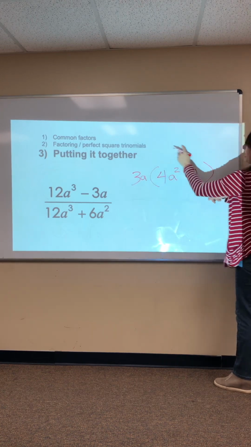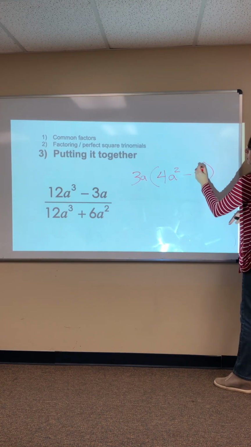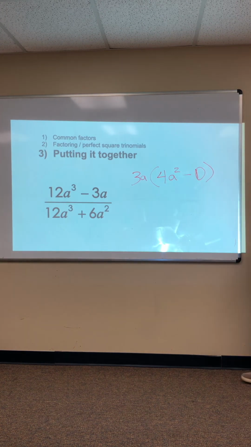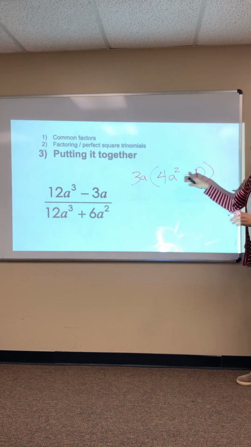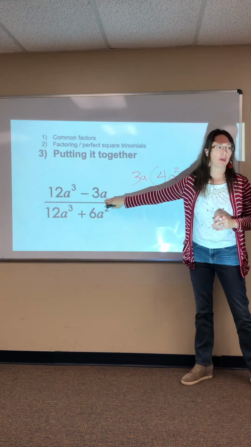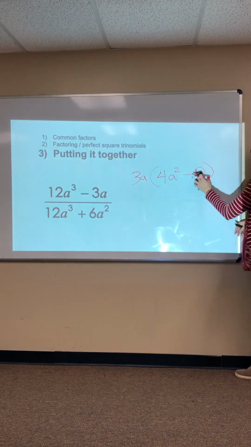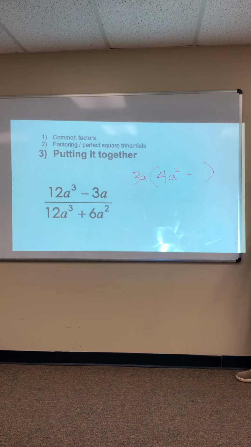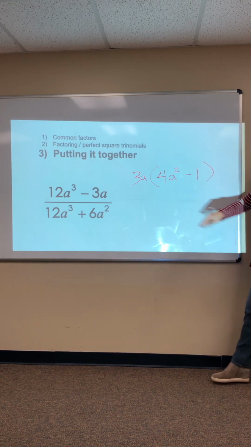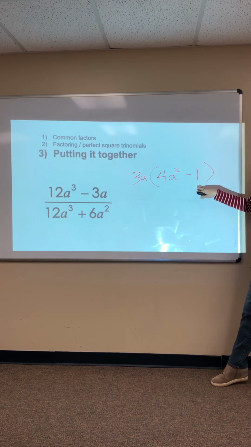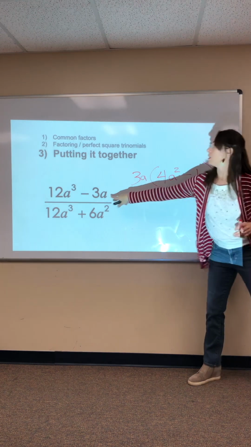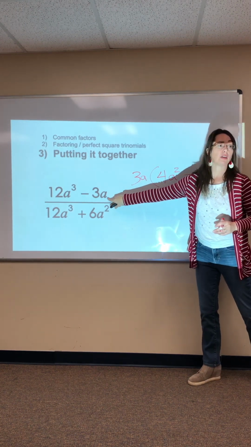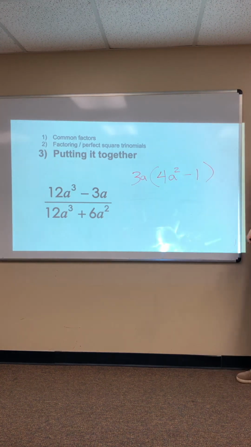Now, if this was 0, then we would have 12A cubed minus 0. Is that what we have? No. So that's a good way to check that 0 is not the right answer. We have 1, so 3A times 1 is just negative 3A. So we're back to where we started. We've confirmed that that's true.